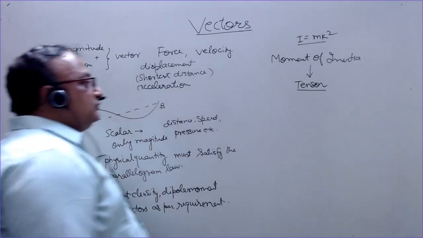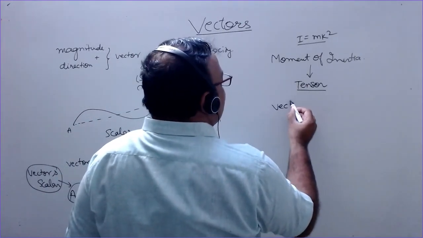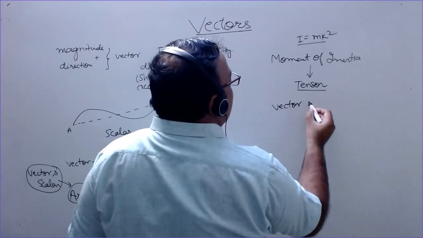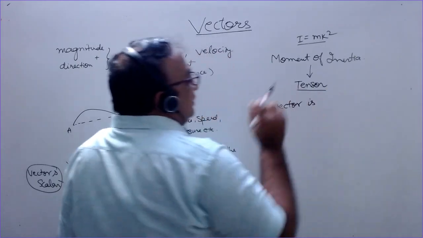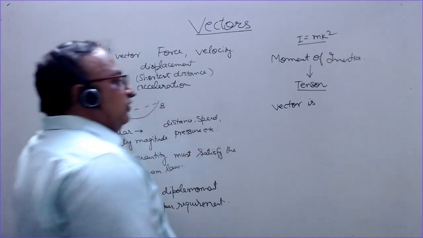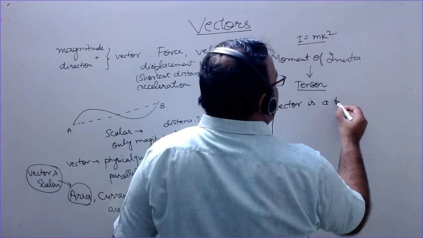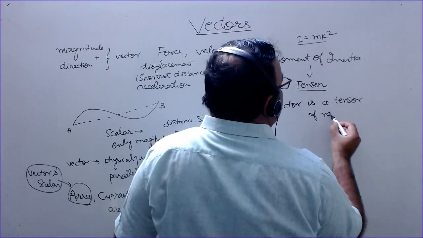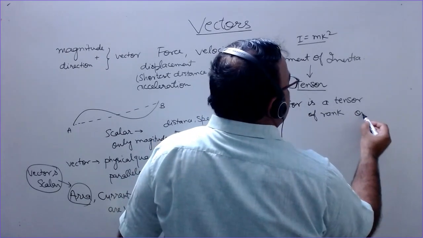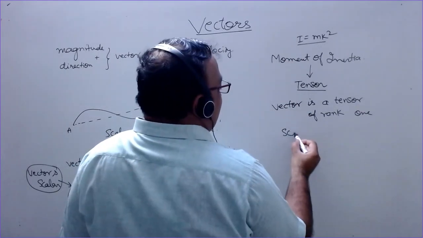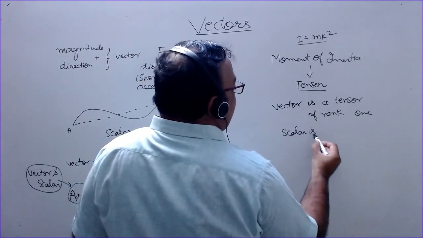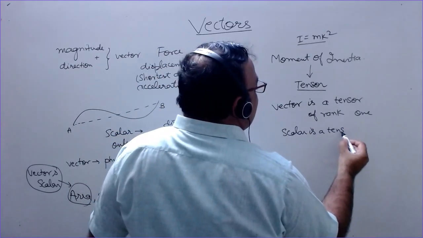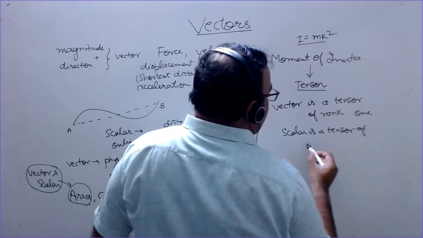So a vector is a tensor of rank 1, and a scalar is a tensor of rank 0.